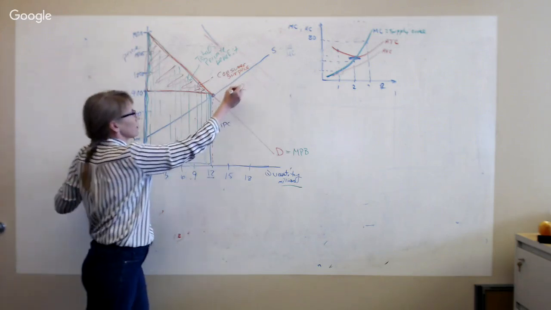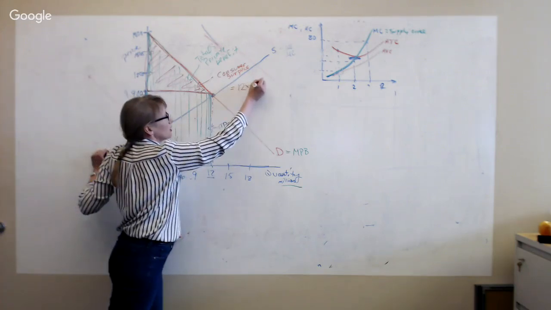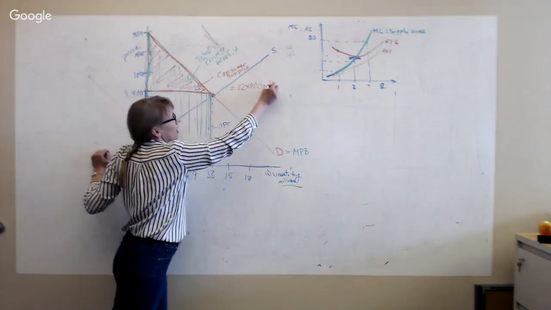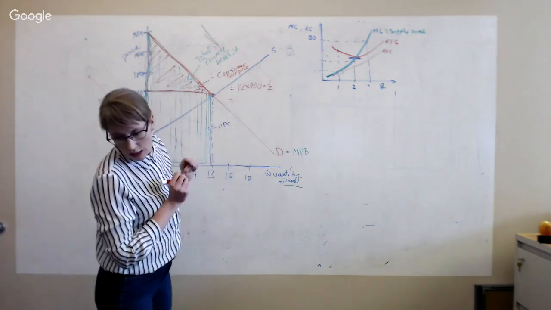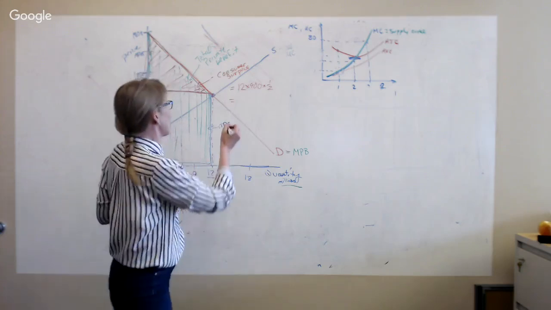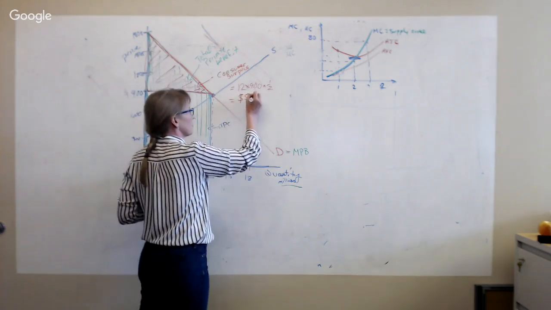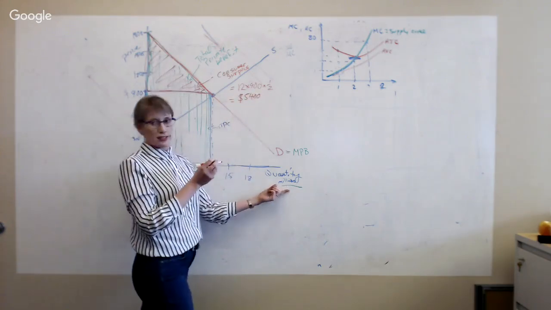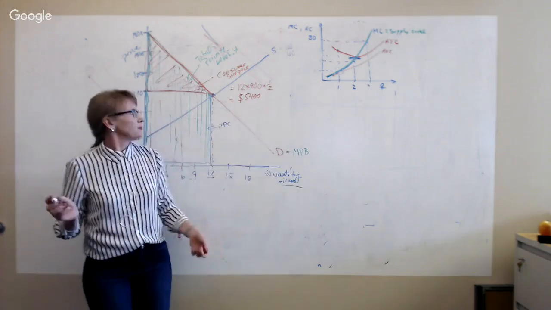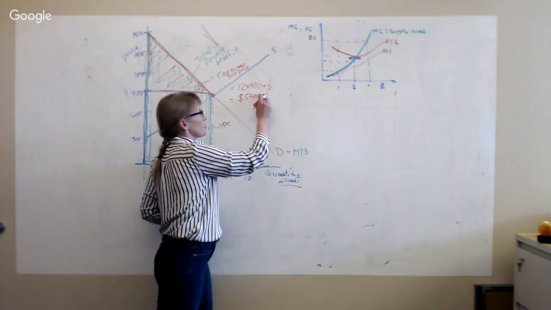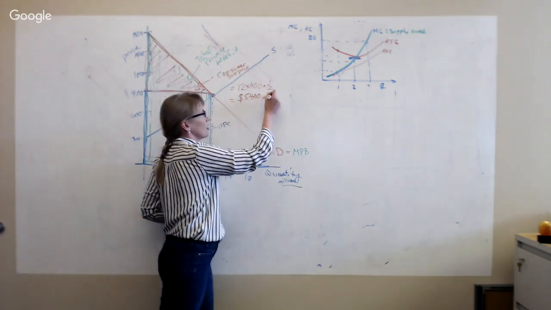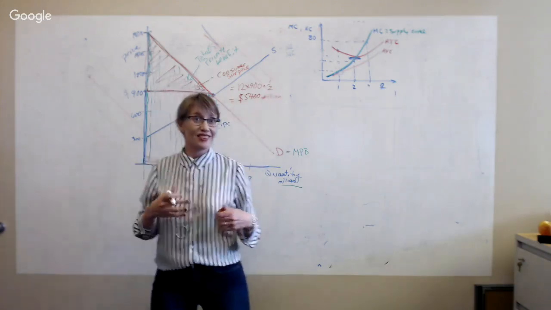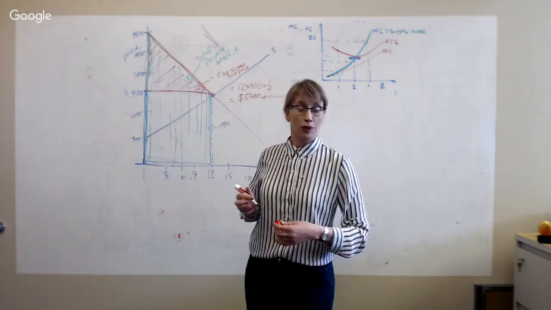Our height is 900, times 1/2. 5,400. And because we have millions, we would multiply it by a million. 5,400 million. Because this market exists, that's our consumer surplus.